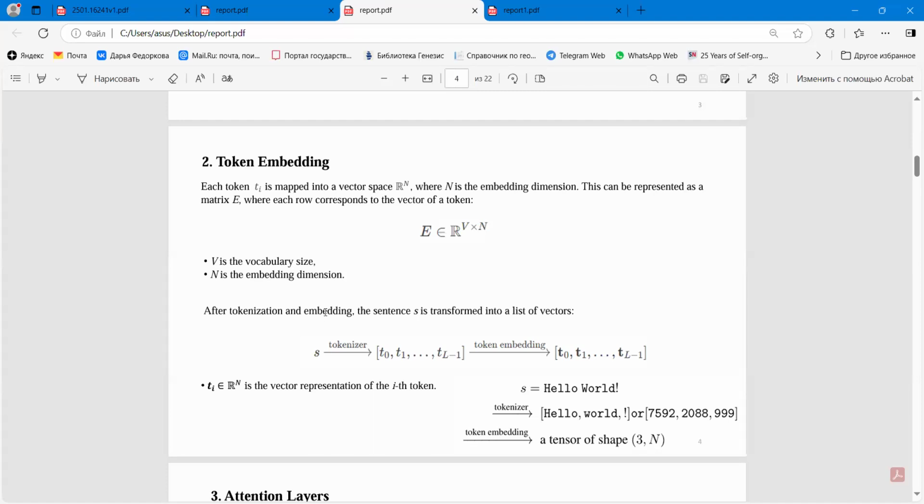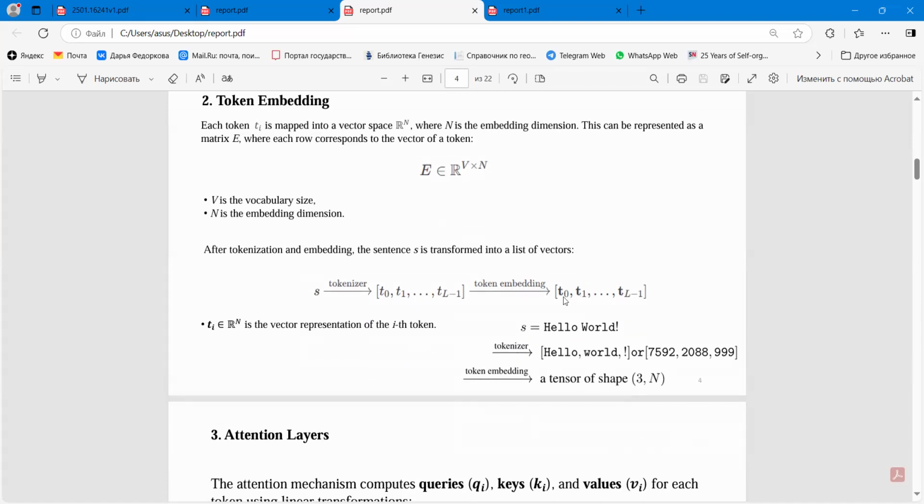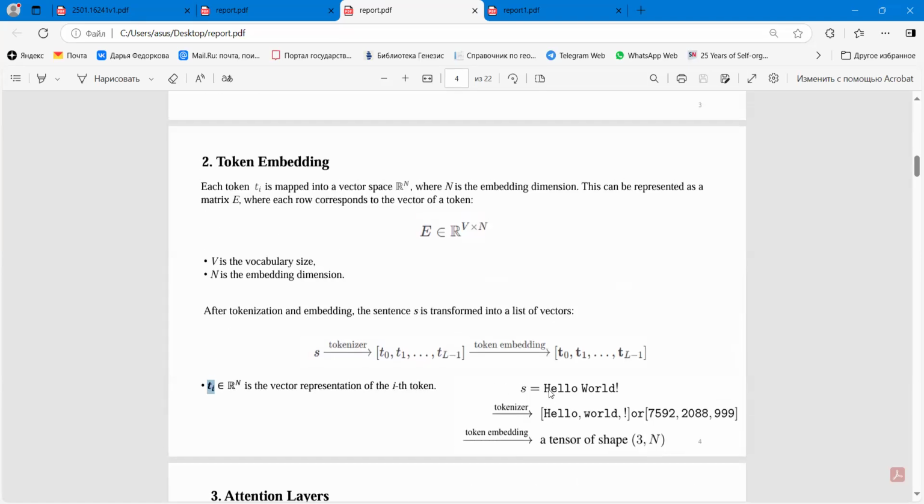After tokenization and embedding, the sentence S is transformed into a list of vectors, where T is now a vector representation of a token. On this picture you can see an example of how it goes.